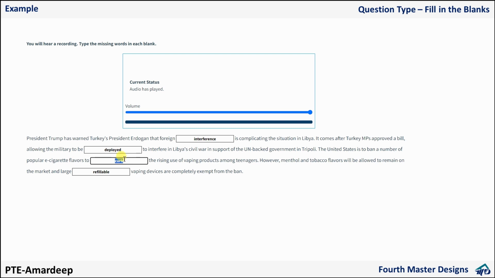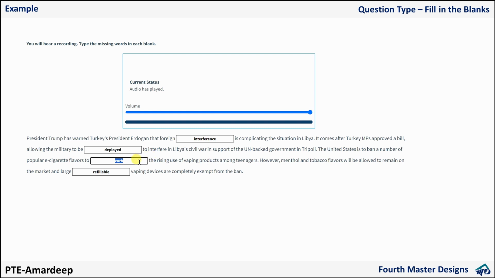Now here we cannot apply any rule. And you can't even think, okay, I will read the sentence, I will try to make sense. If you try to make the sentence in all the blanks, then you will end up wasting 2-3 minutes on one passage. So you may miss your right from dictation itself. So do not do that.